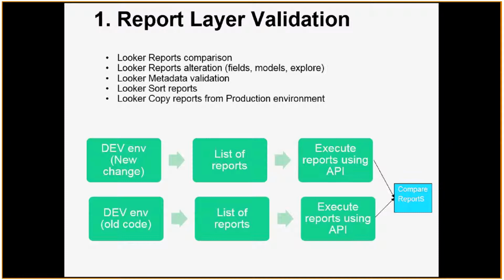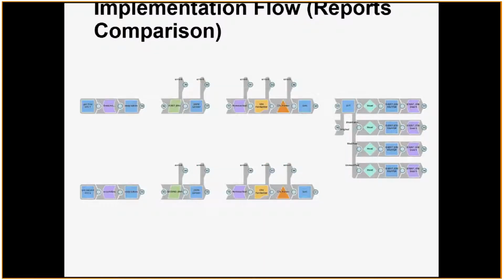We had some pipelines built. In the implementation flow, there are different environments that we connect to, first environment and second environment. We get the data, parse it as CSV, run the reports, sort the report, and then do a diff.